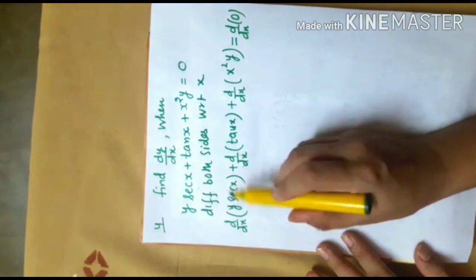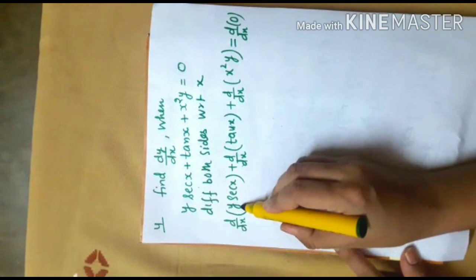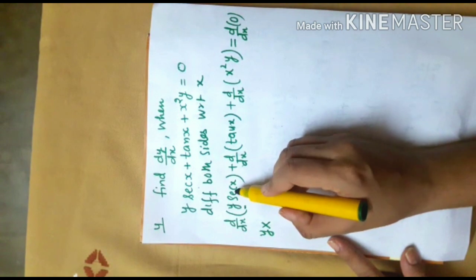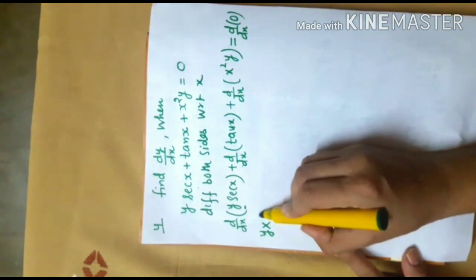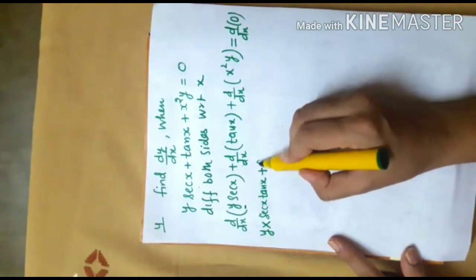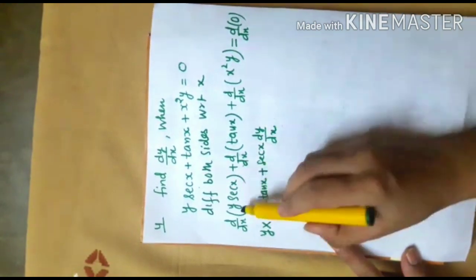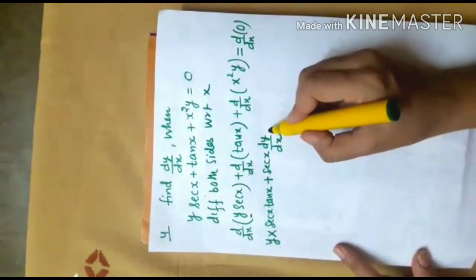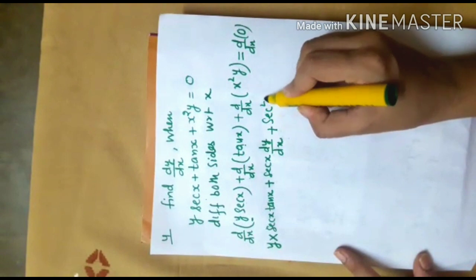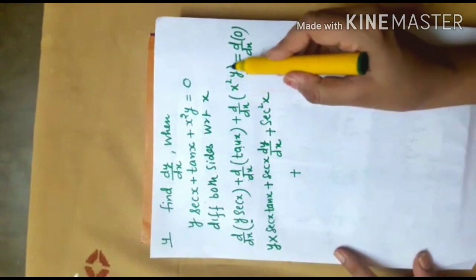Yes, I have to differentiate this with respect to x, so I'll be applying product rule. So first function, which is y, into derivative of second function. Derivative of secant x is secant x tan x, plus second function, that is secant x, into derivative of first, that is dy by dx, plus derivative of tan x with respect to x, it's secant square x, and plus derivative of this.